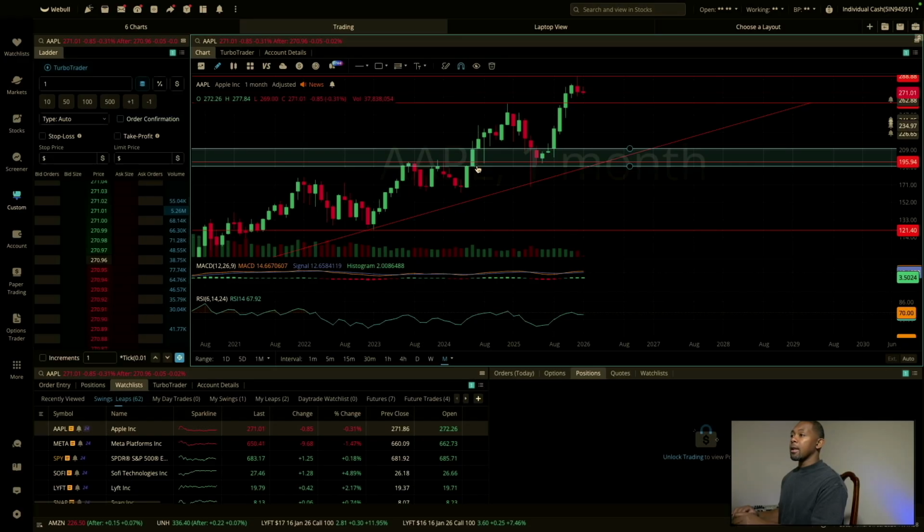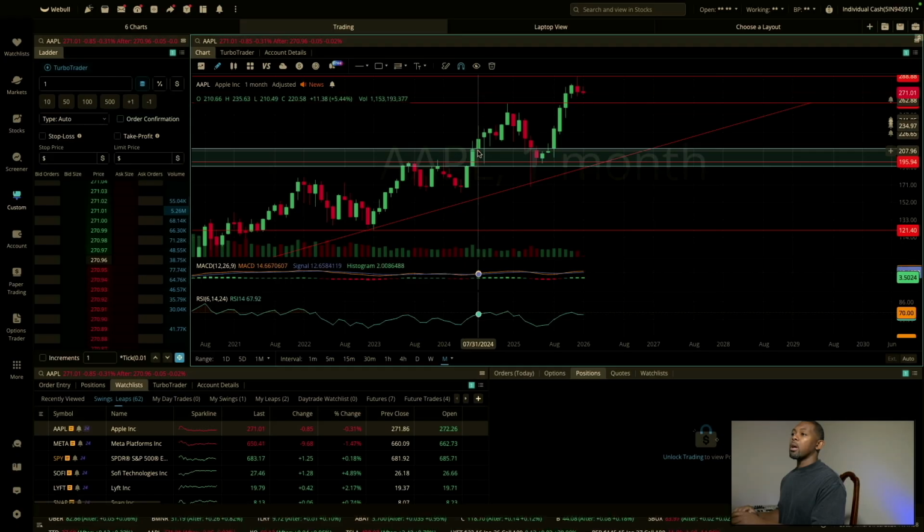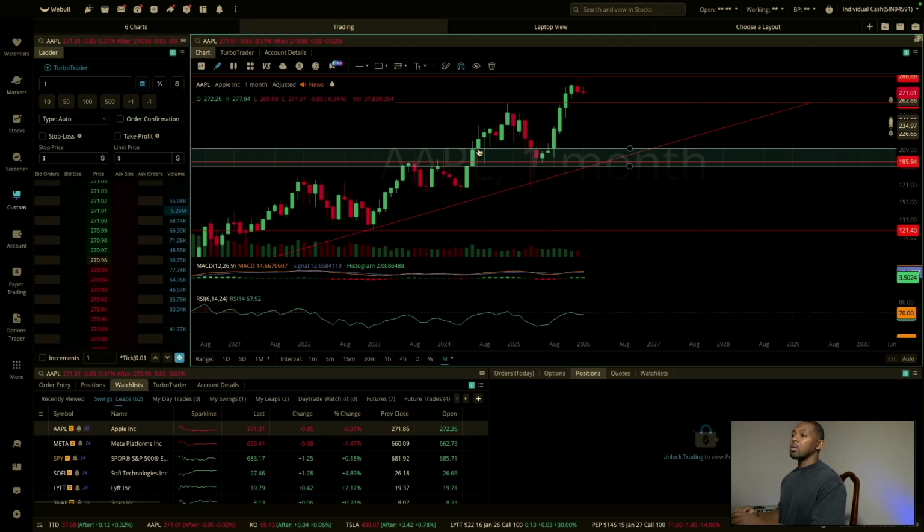And I marked that off because I have 1, 2, 3, 4, 5, 6 touches. I have 6 different instances on the monthly time frame where price reacted to or was affected by this level.